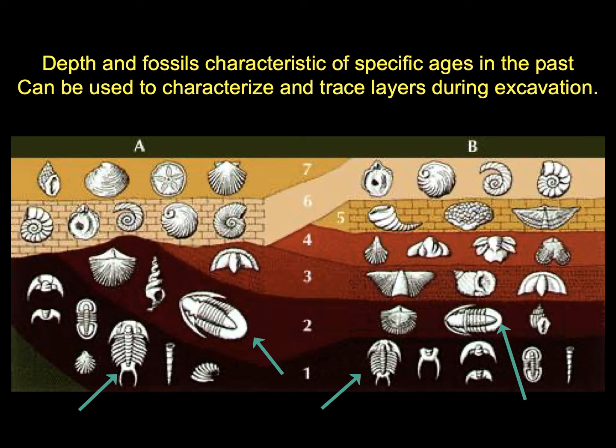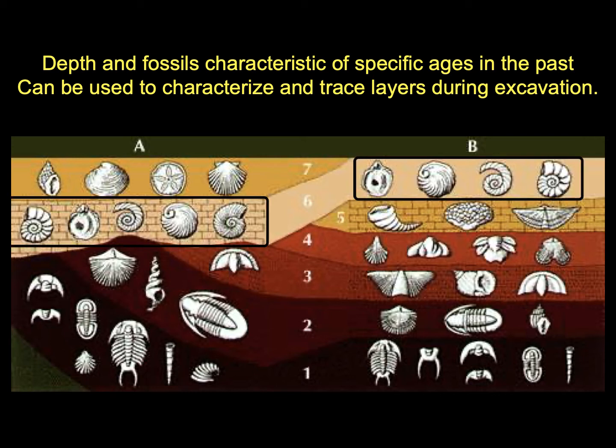So in the strata above that, you don't find any trilobites or these other organisms that essentially disappeared in a mass extinction. You can also look at a fossil and determine the approximate age based on other fossils that have been found in that same stratum, even from a different continent.